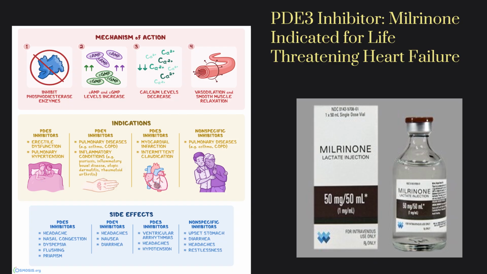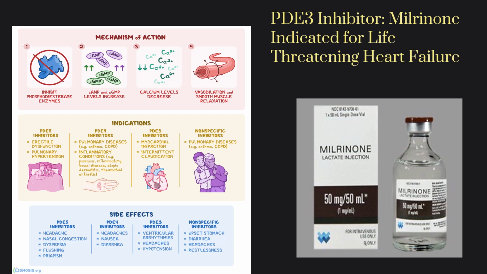This now I want y'all to pay close attention to. I added this because these are things that y'all are going to be talking about, or I may even be referring to these as contraindications or medications that can interfere with this. But all of these medications are not indicated for heart failure. Okay, so this is PDE5, this is PDE4, and this is PDE3.